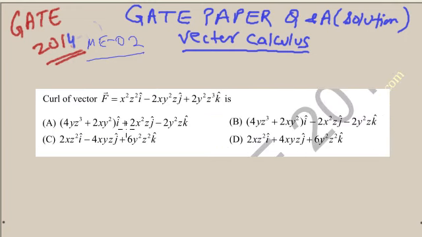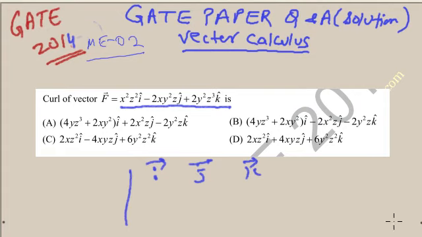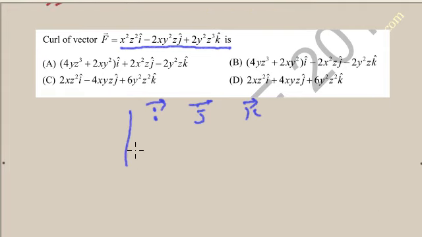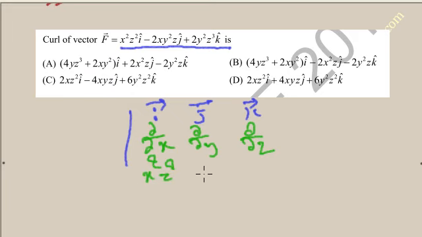This is another question. You are required to find the curl of the vector. So the curl is i, j, k, and then you put del by del x, del by del y, and del by del z, and then x square z square, minus twice x y square z, and then twice y square z cube.